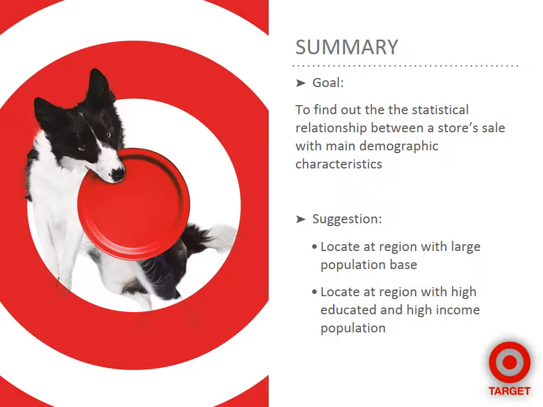Based on our analysis, we suggest that Target select locations with a high population base, such as urban areas and states like Texas, New York, and Florida. Also, we think the store should be built at a place with a relatively high education level and high income level. I'm going to talk about the data and analysis soon in the following slides.